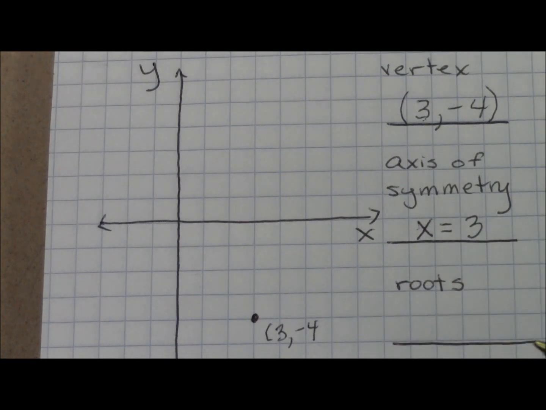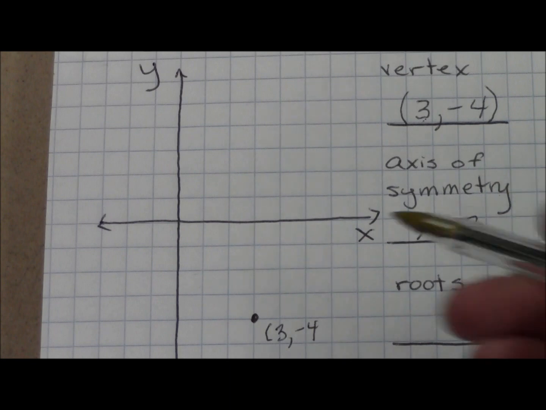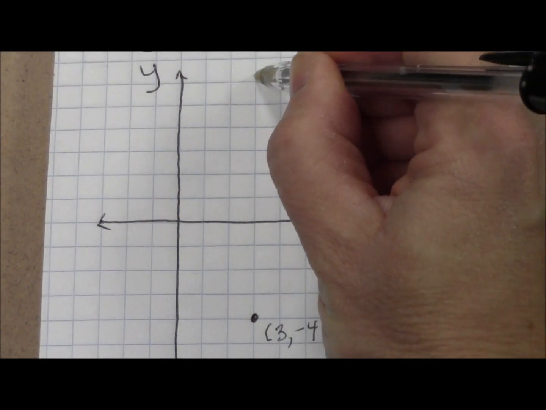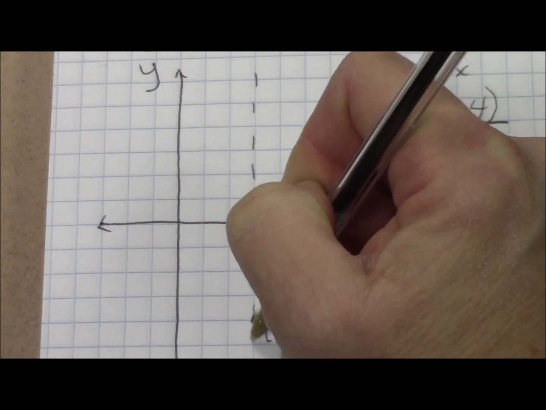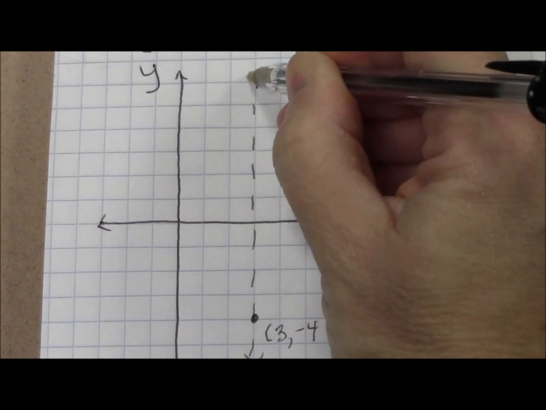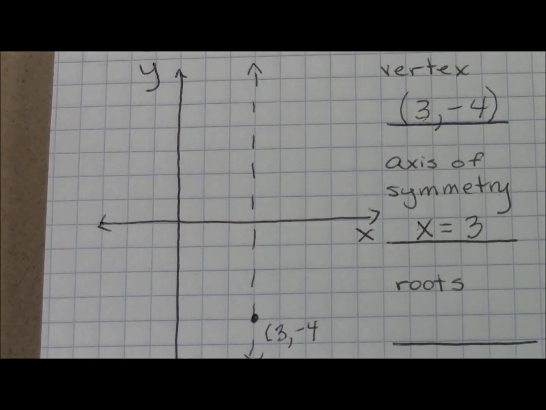Remember, it's an imaginary line where if you folded that parabola, you would see the same image on both sides. That's what symmetry means. So we're just going to sketch in a dashed line at x equals 3 to be our axis of symmetry.